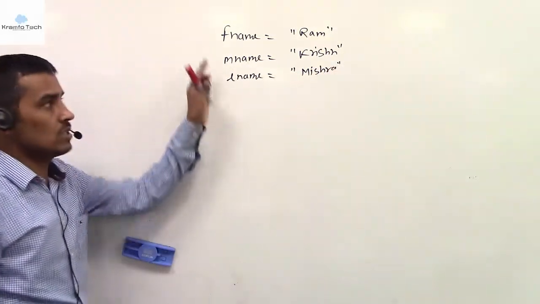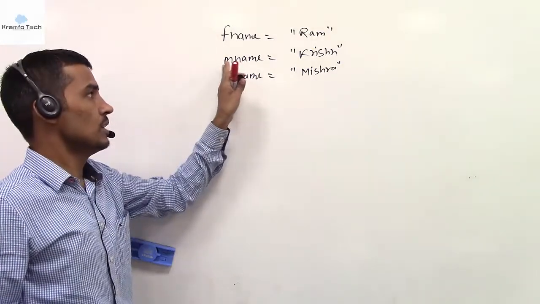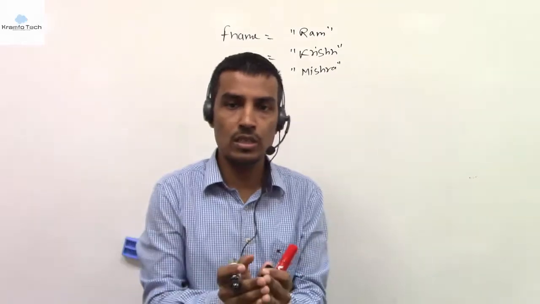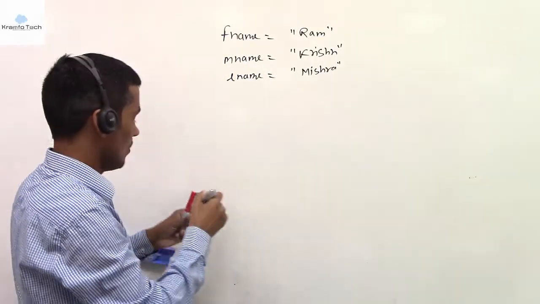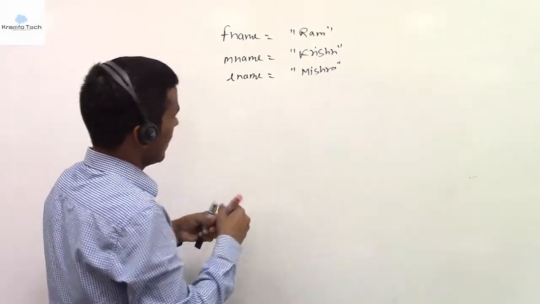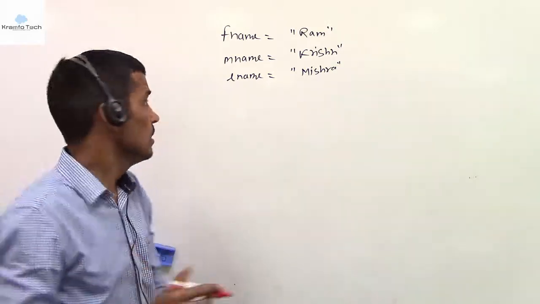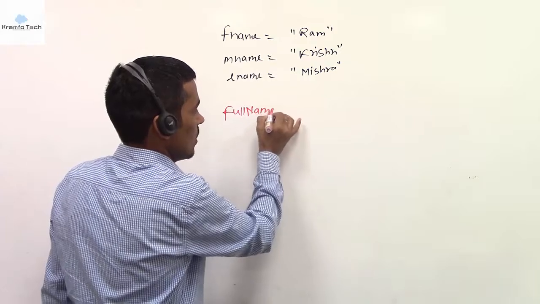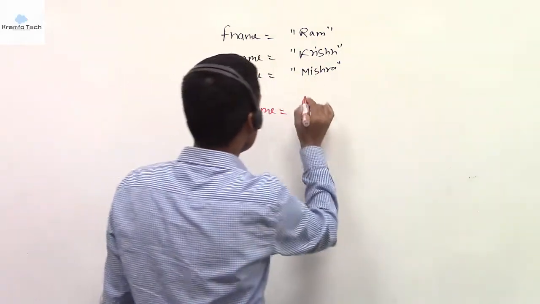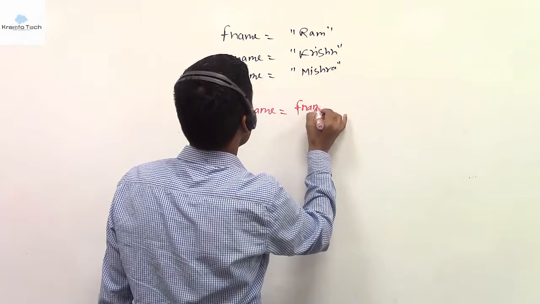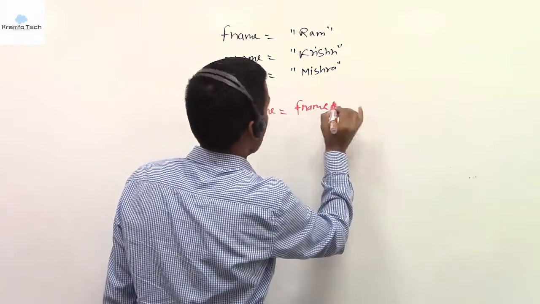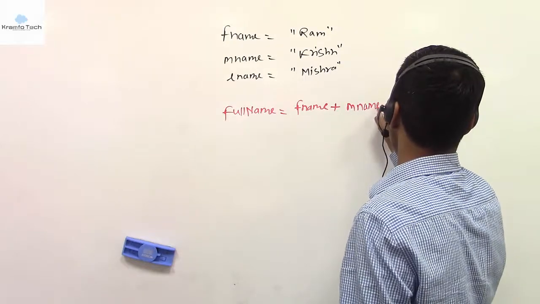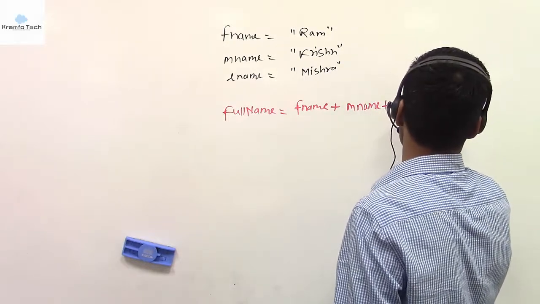So there are three strings: first name, middle name, and last name. How can these strings be concatenated to each other? We make another variable called full name, and we can concatenate the strings using the plus operator: f name plus m name plus L name.